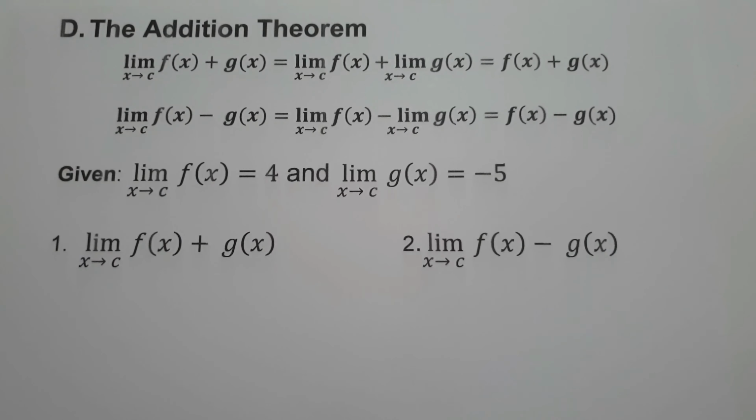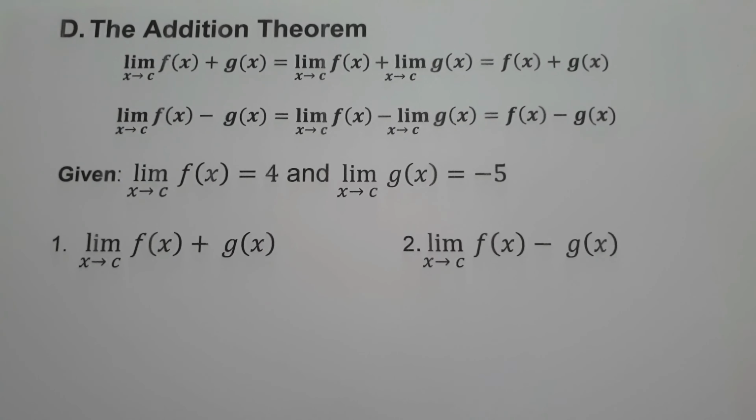The next one is the addition theorem. When we say addition theorem, it is the limit of the sum of functions is equal to the sum of the limits of the individual functions. Subtraction is also included in this law, and that is the limit of the difference of functions is the difference of their limits.